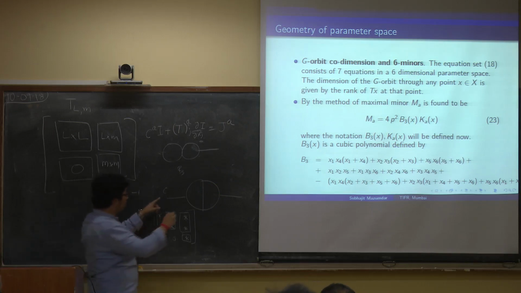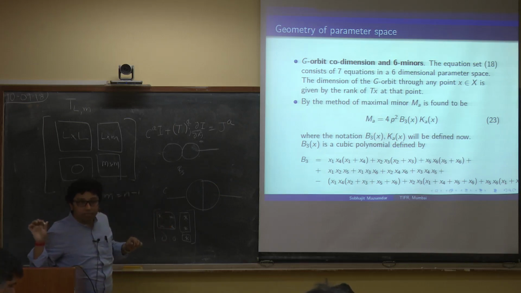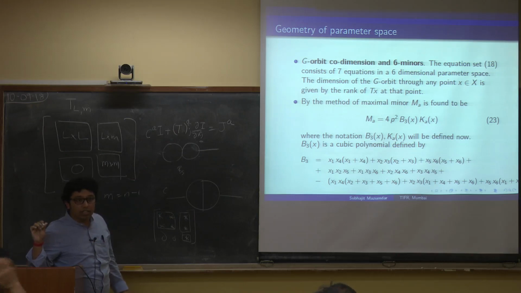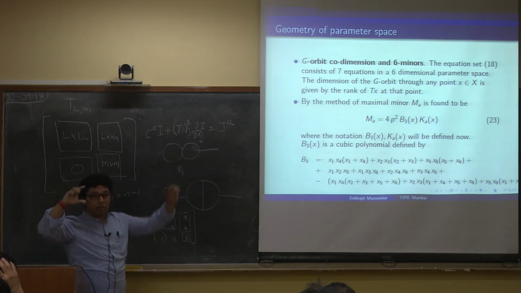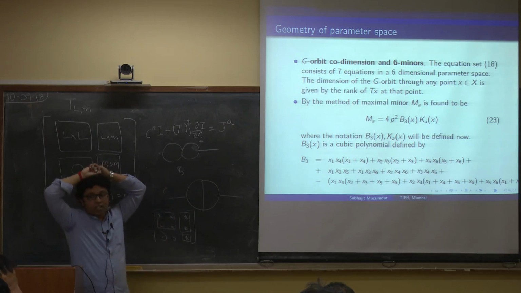So suppose... Subhajit? Yes. Sorry, just to understand. So the B3 is a polynomial which is annihilated by this Tx. No, not quite. It will be annihilated by the constant-free part. From the 7 equations, you can generate 5 equations which will have this C as 0. It is an invariant of that, to be more precise.